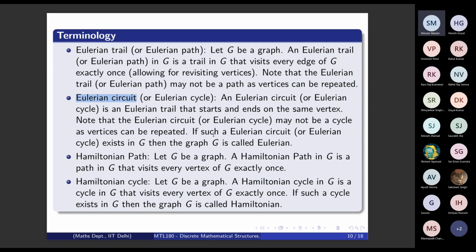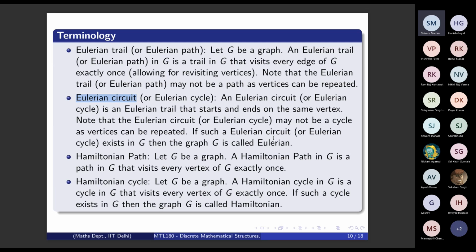Okay. Now if in a graph an Eulerian circuit exists, then the graph is called Eulerian. Eulerian means there exists an Eulerian circuit in that graph.